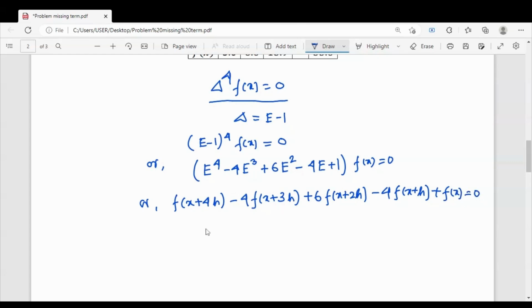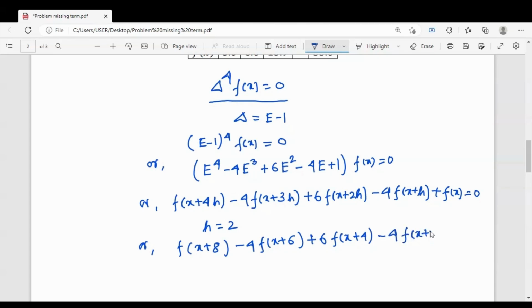Now for this problem, h equals 2. So if we put h equal to 2 in this relation, we get f of x plus 8 minus 4 f of x plus 6 plus 6 f of x plus 4 minus 4 f of x plus 2 plus f of x equal to 0.